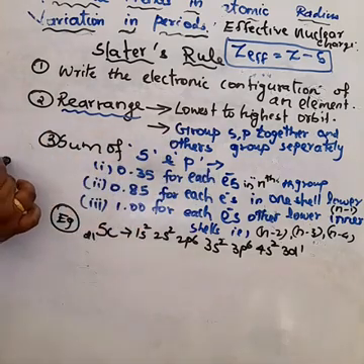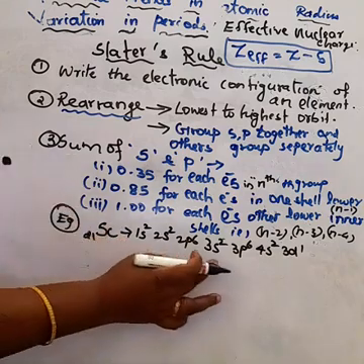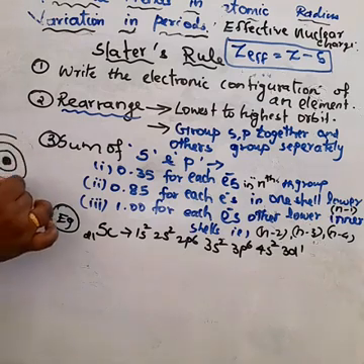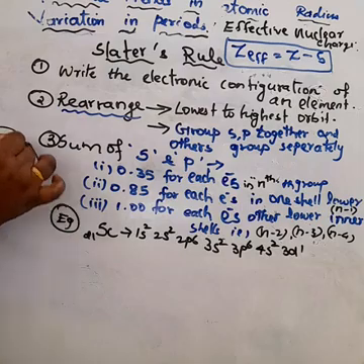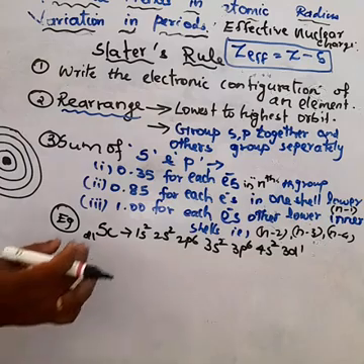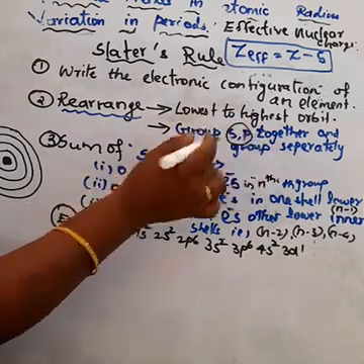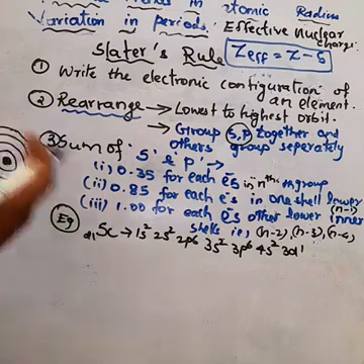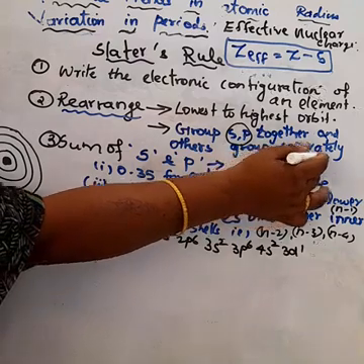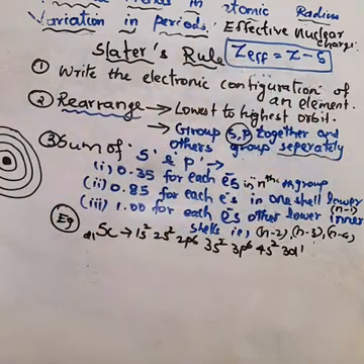We can rearrange this electronic configuration from the lowest orbital to the highest orbital, and group this electronic configuration on the basis of groups: S and P together. Group S and P together. Everything else is separate.